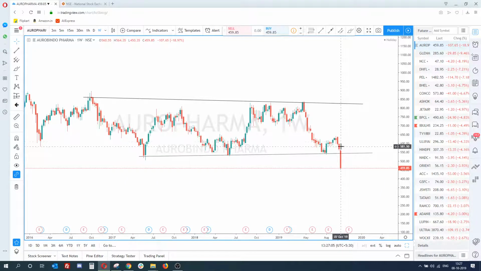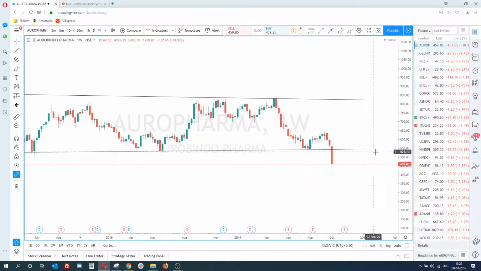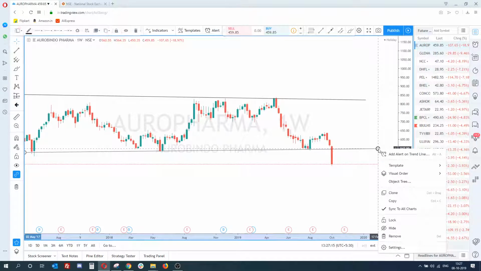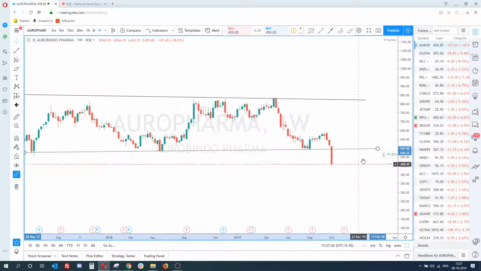Let's assume that we are on 30th September at this candle. I will put an alert here on this trend line, because this is an important trend line. When Aura Pharma crosses the trend line, it will create an alert.